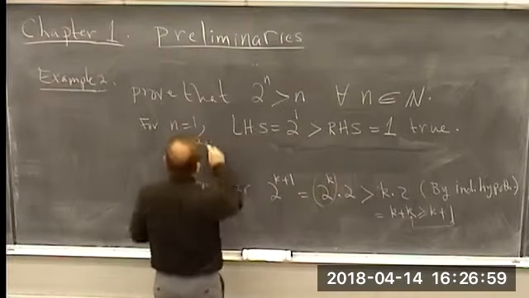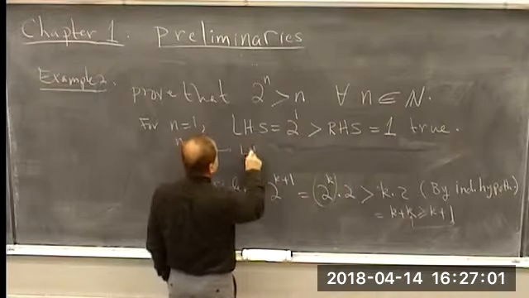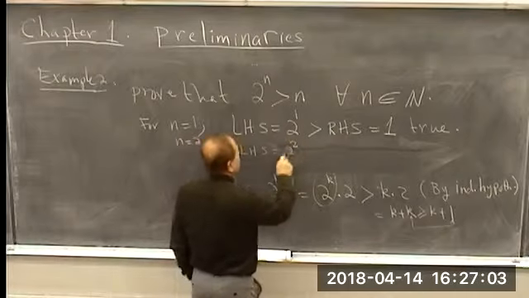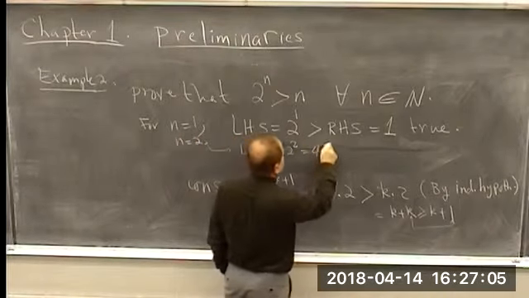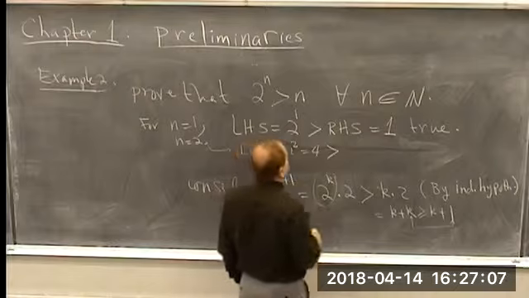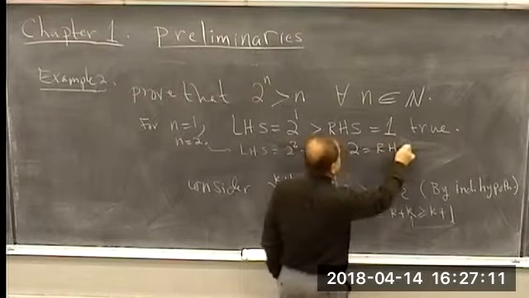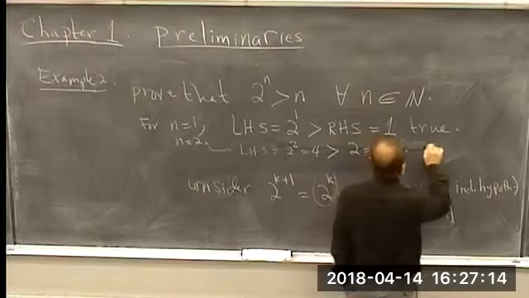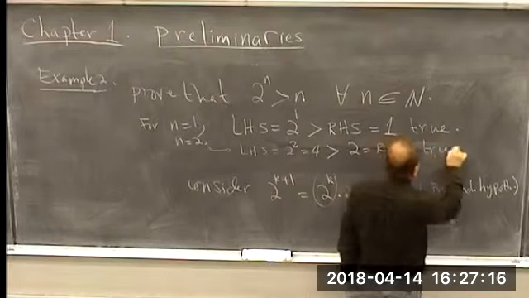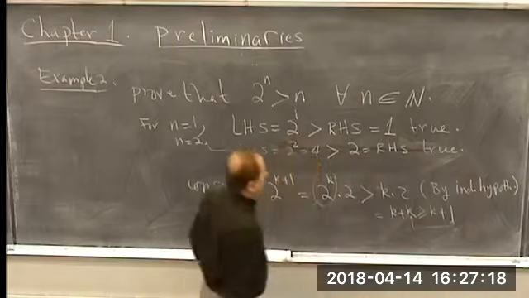For this one, the left-hand side is equal to 2 squared, which is equal to 4, and definitely this is bigger than 2, which is the right-hand side. So the statement is true for n equal to 2.